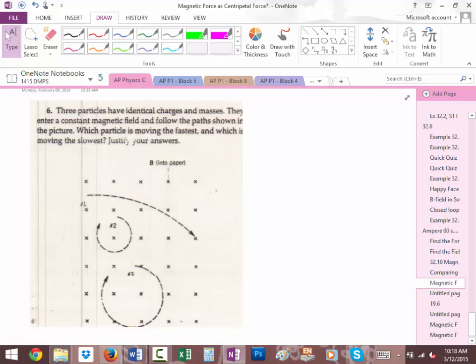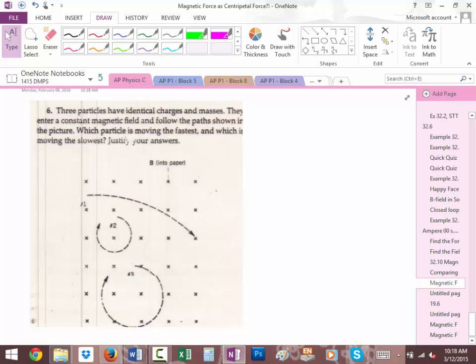Number 3 is deeper, for sure. Fastest would be the one.